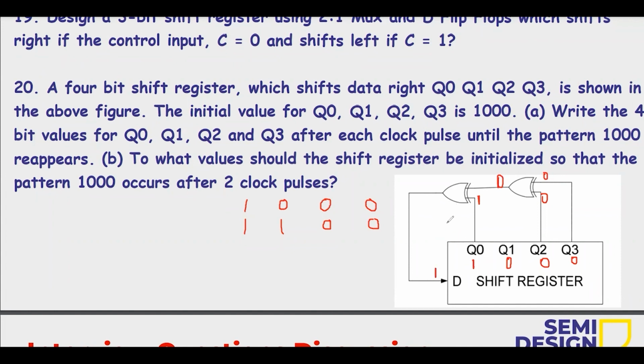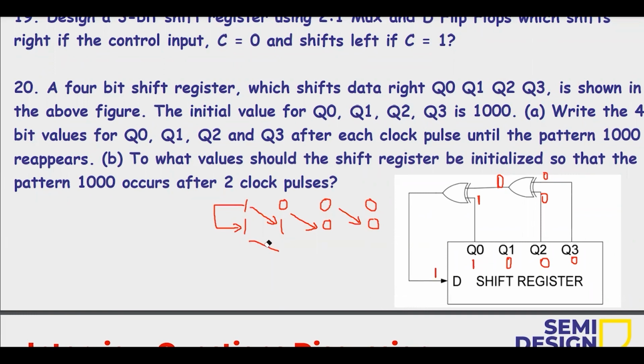So this bit will be shifted to 1, and whatever bit is here gets shifted to 1 here, and 0 here, and 0 here. Okay, did you understand everyone?